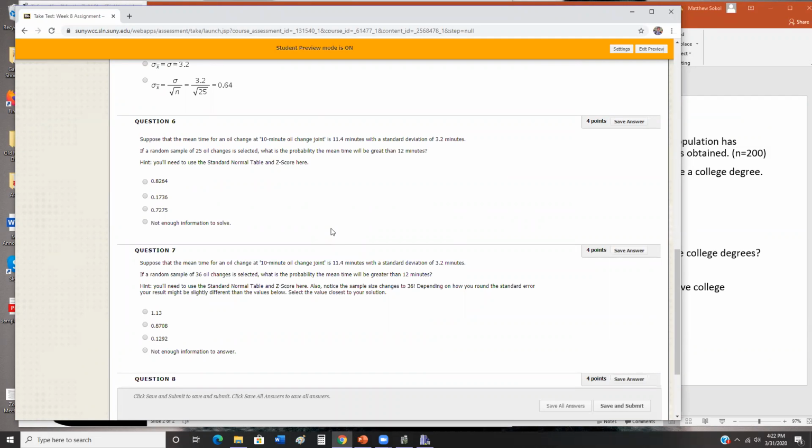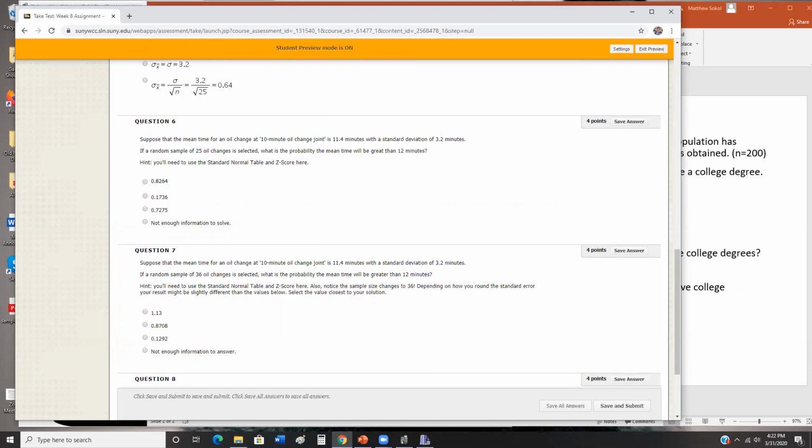It says the following: suppose the mean time for an oil change at someplace that claims it's a 10-minute oil change joint. The average is 11.4 minutes, and the standard deviation is 3.2 minutes. If a random sample of 25 oil changes is selected, what is the probability the mean time will be greater than 12 minutes?